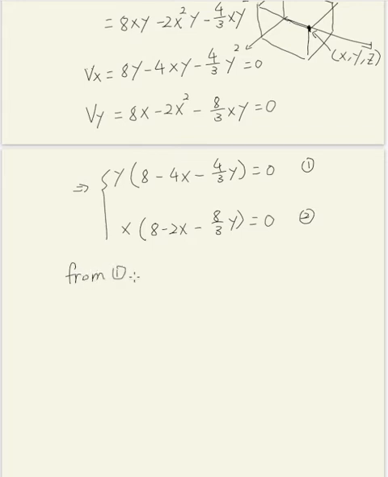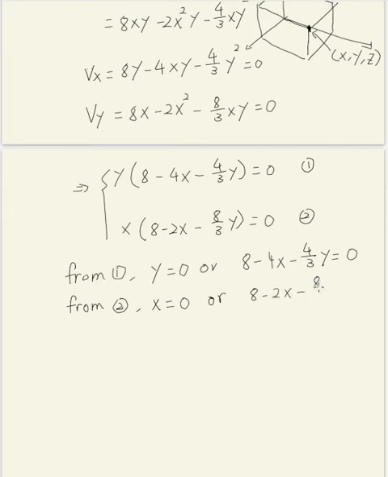From equation 1, we know y equals 0, or 8 minus 4x minus 4 over 3 y equals 0. From 2, x equals 0, or 8 minus 2x minus 8 over 3 y equals 0.